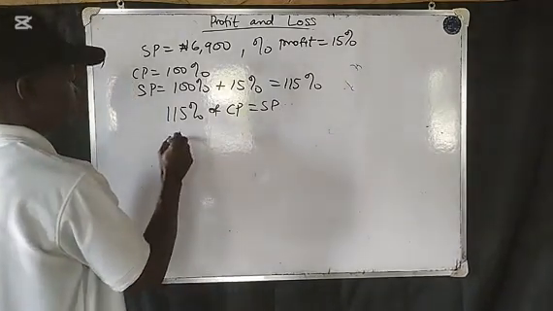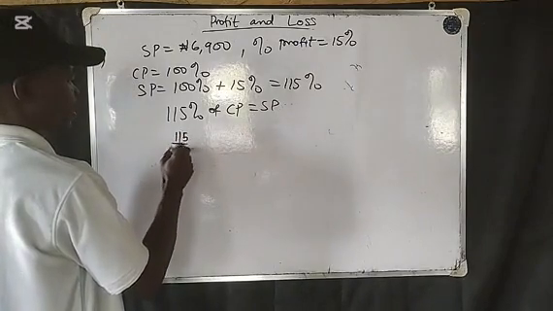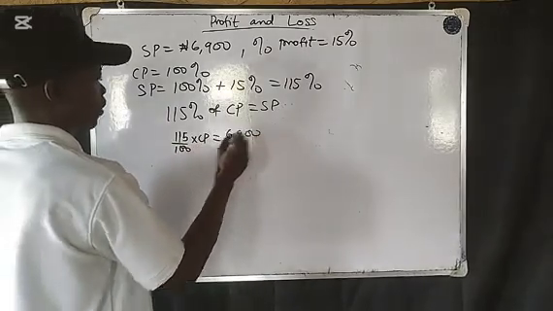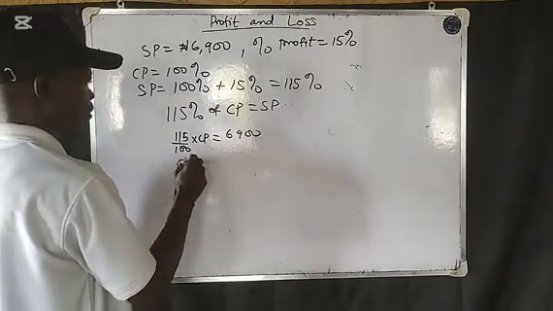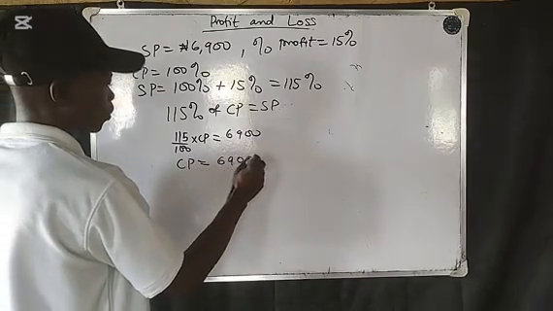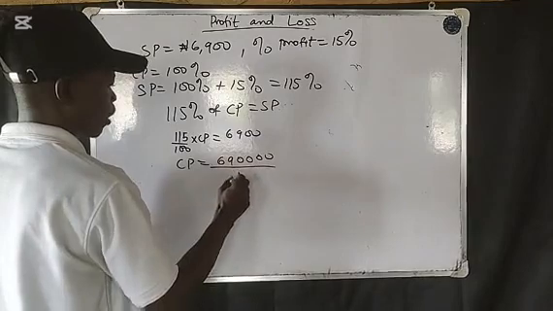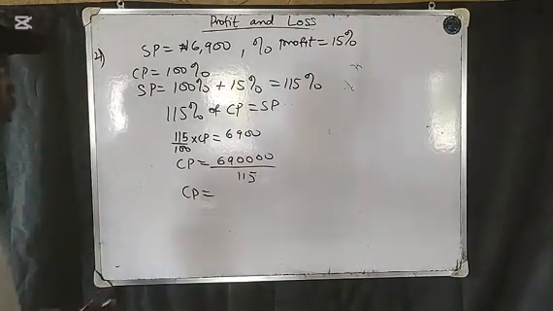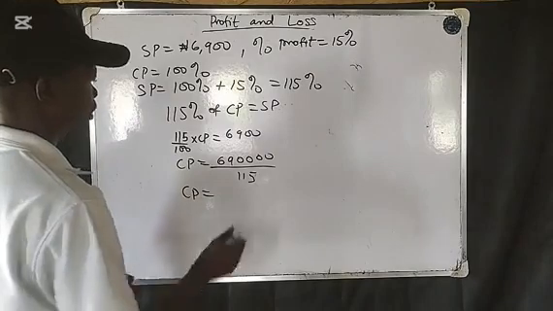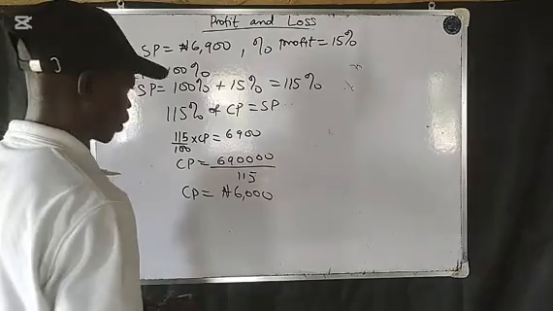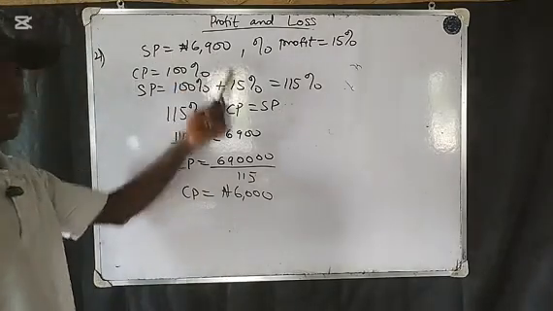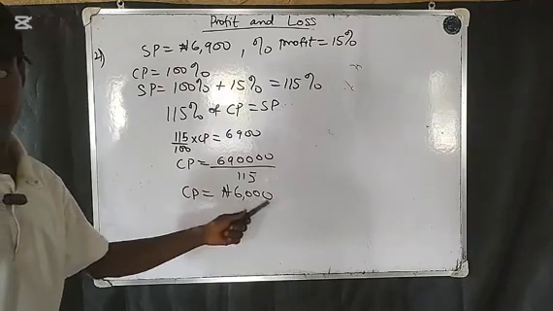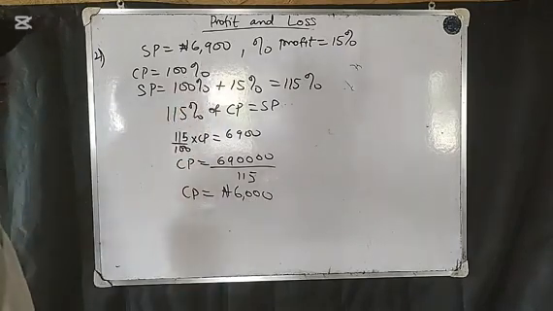So we write 115 over 100 times CP equals 6,900. So cross multiply for me. Divide both sides by 115. That will give me the cost price. So the cost price is 6,000. So that means it made a profit of 900 naira, right? If selling price is 6,900 and cost price is 6,000, it made a profit of 900 naira.